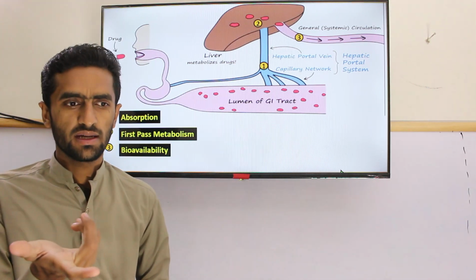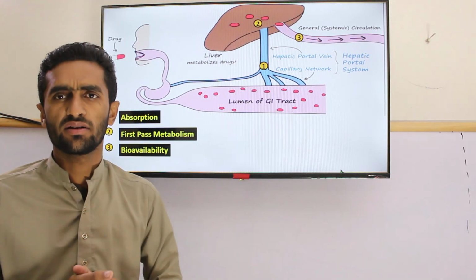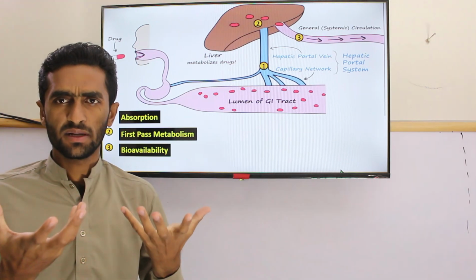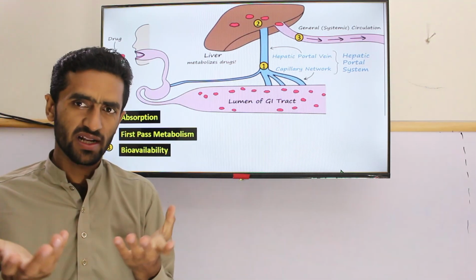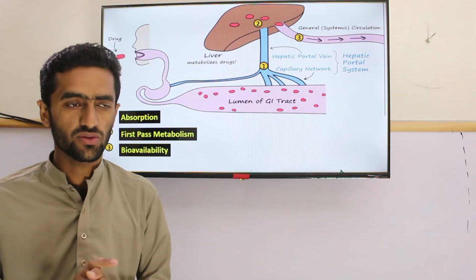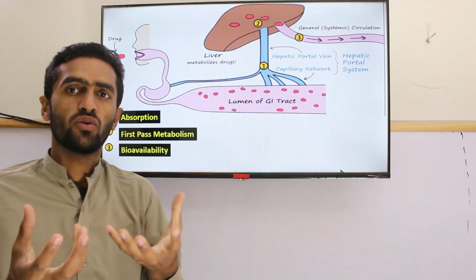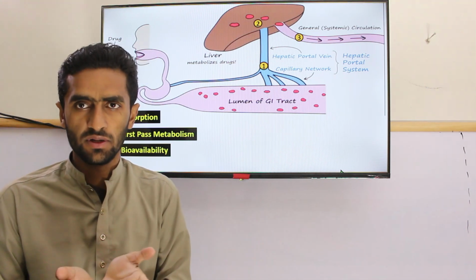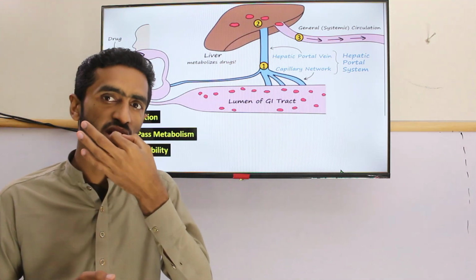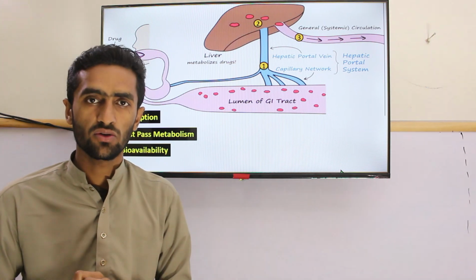Now look at another route, for example sublingual. Have you seen a patient come with angina, meaning chest pain, or a myocardial infarction patient, which you normally call a heart attack? What do you give? A nitroglycerin type drug which you put under the tongue. That is the sublingual route.